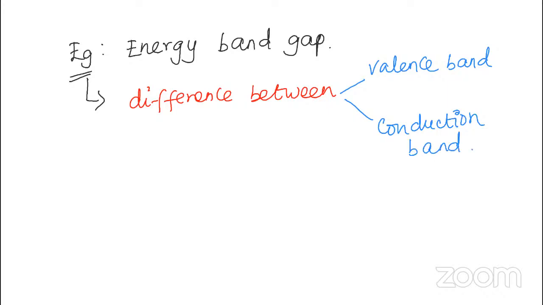Now the electrons which are in the valence band, we name them valence electrons.